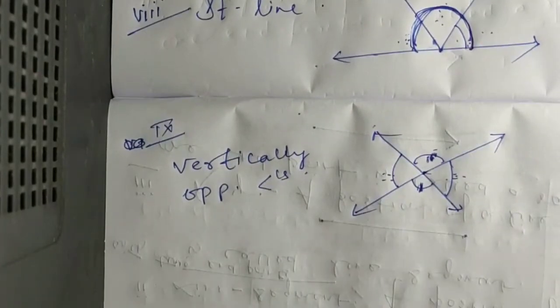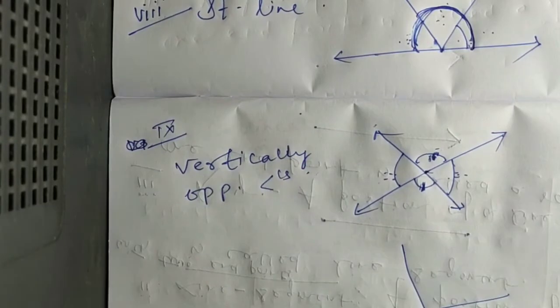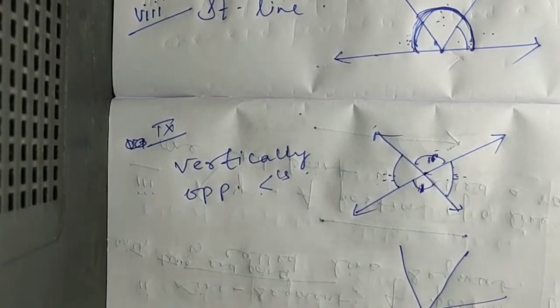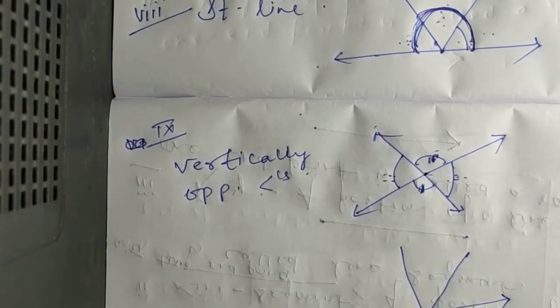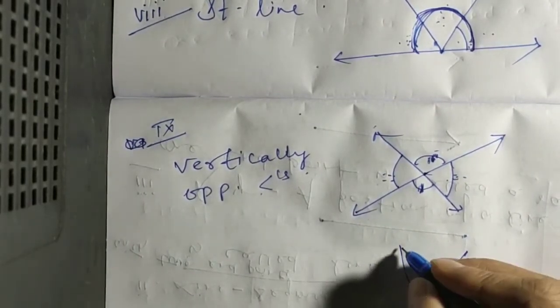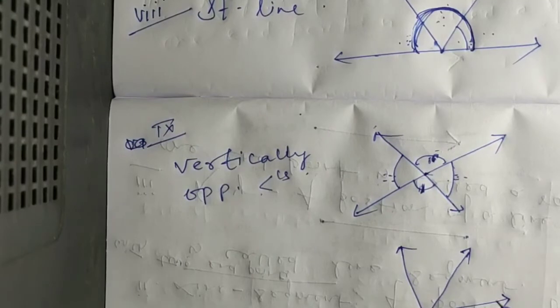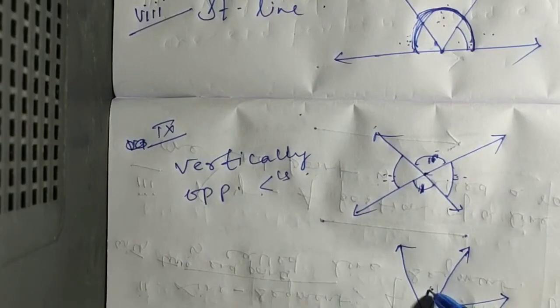Now for an example, if I take a figure like that, okay, I have taken a figure like that. Now you see here, which angles are vertically opposite angles? Now you see, can I say that this angle and this angle are vertically opposite? Just imagine.